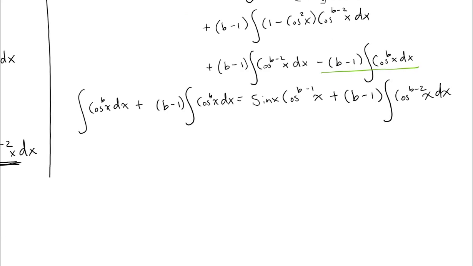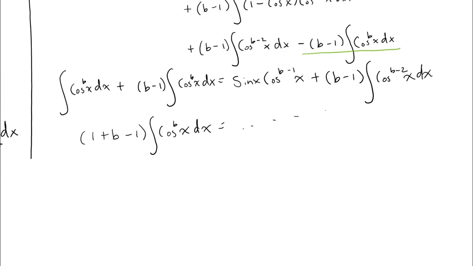Now solving, we will get a 1, and this will be plus b minus 1 times the integral of cosine to the b of x dx, and I won't worry about writing the right hand side here just yet.